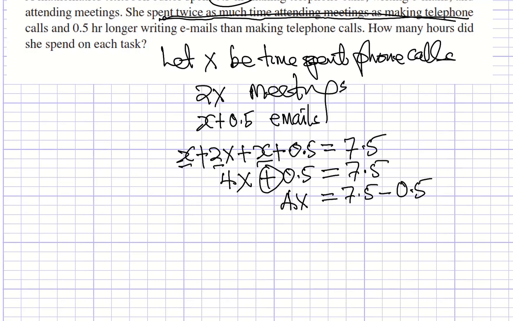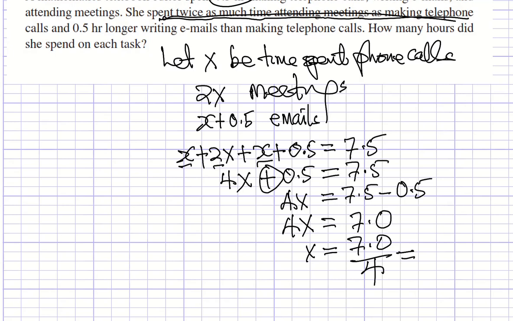So 4x equals 7.0, because you subtract 0.5. Then x equals 7.0 over 4.